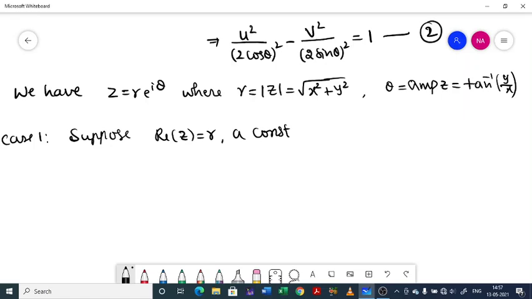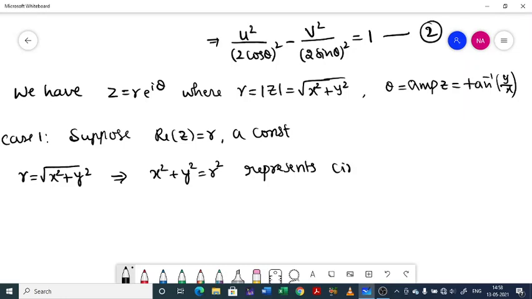R equals square root of x square plus y square, and here R is a constant. Squaring on both sides, x square plus y square equals R square. That represents a circle centered at (0, 0) and radius R.